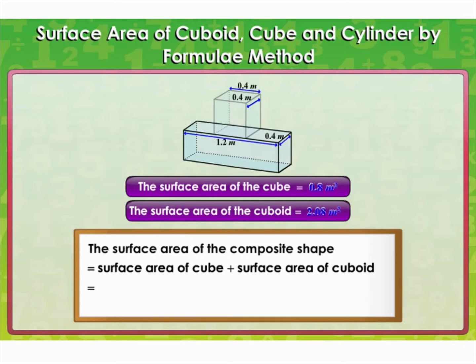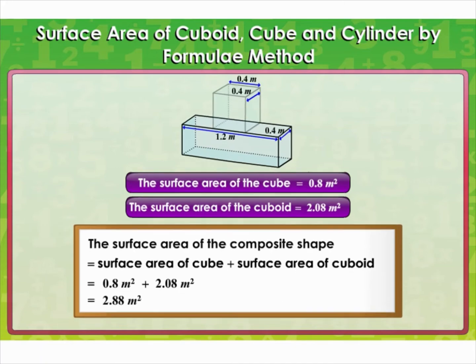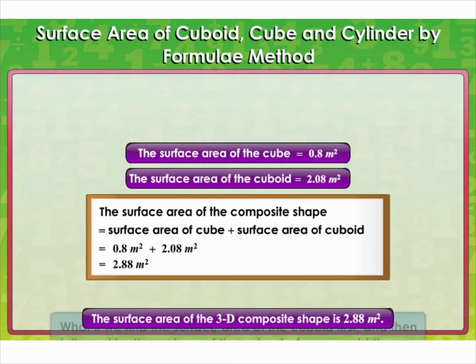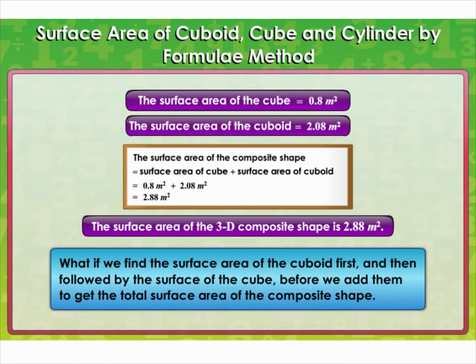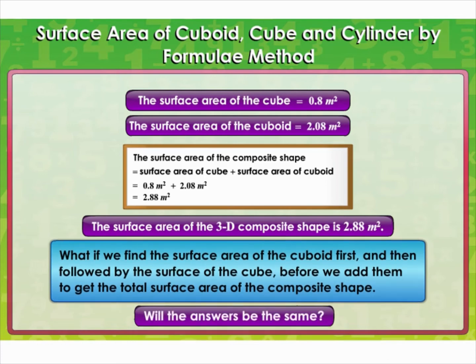We get 2.88 square meters. What if we find the surface area of the cuboid first, followed by the surface area of the cube, before we add them to get the total surface area of the composite shape? Will the answers be the same?